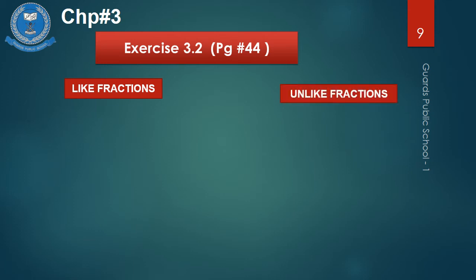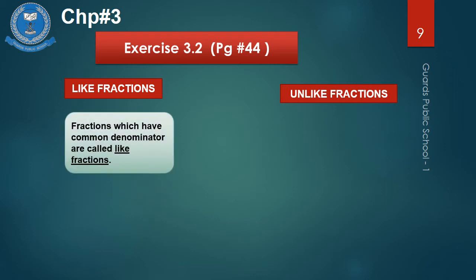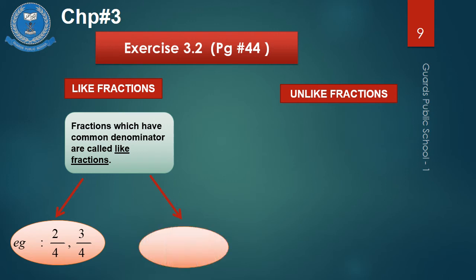First you need to understand like fractions and unlike fractions. What are like fractions? Fractions which have common denominators are called like fractions. For example, 2 upon 4 and 3 upon 4 are like fractions, and another example, 5 upon 9 and 4 upon 9, are also like fractions.